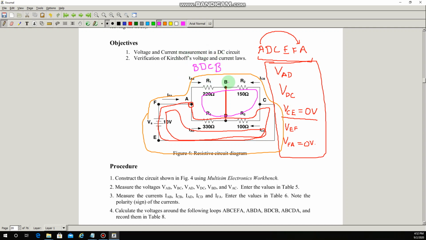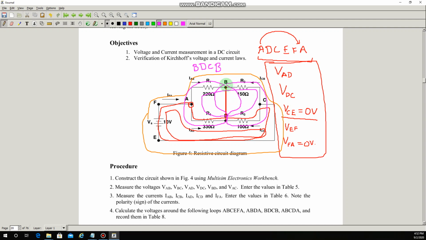This is very interesting because BDCB, if you look at it physically, does not appear like a loop, right? But in fact, KVL is applicable here, because VBD refers to this part of the loop, and the rest, DC and CB, refers to this part of the loop.